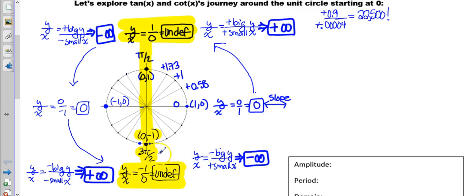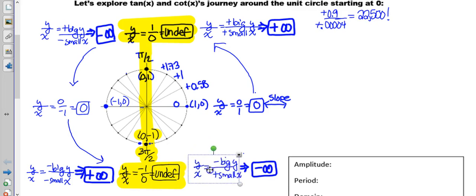Past our undefined value, we know that those values are going to get infinitely close to negative infinity. And as we continue back towards the start of our unit circle at 0, our tangent values are returning home, so to speak, and heading back towards 0.